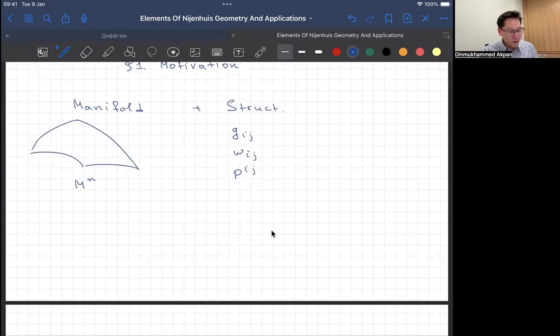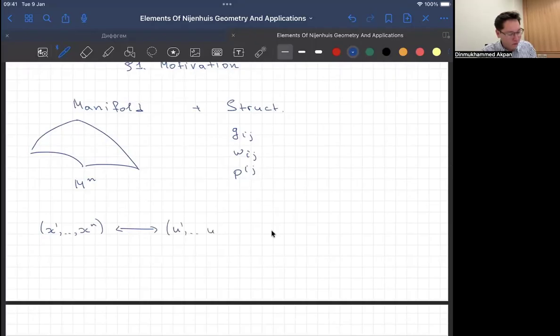In differential geometry, everything is studied up to coordinate transformations. So let us have local coordinates x1, ..., xn. Then we can change the coordinates locally or globally, but almost everything we study will be local. It's local differential geometry.